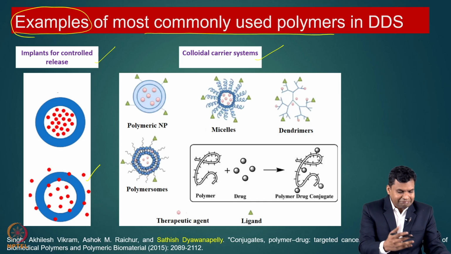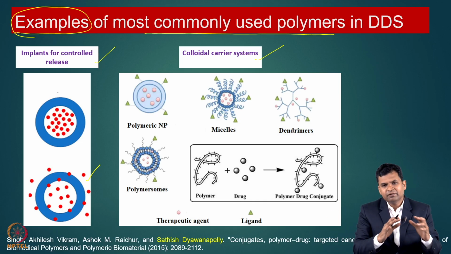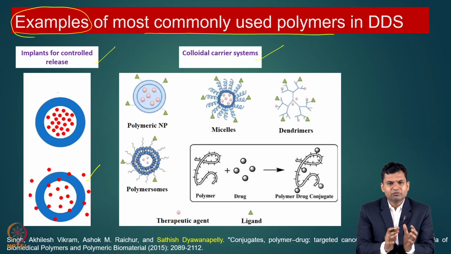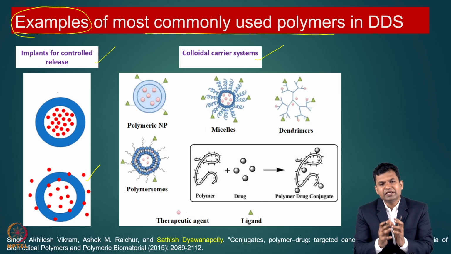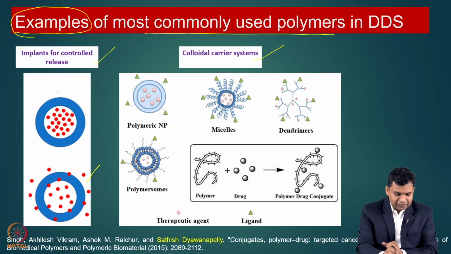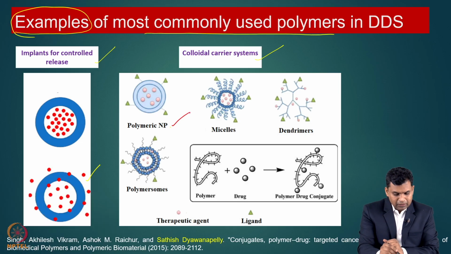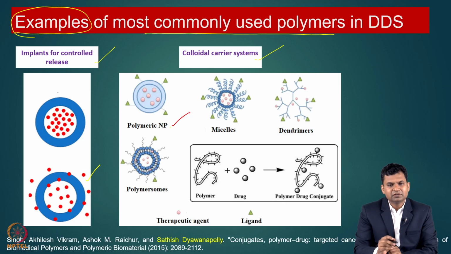So, the drug will slowly come out. By using these polymers, we can also convert drugs into various colloidal carrier systems, for example polymeric nanoparticles, or polymeric nanocarrier systems in the range of 1 to 1000 nanometers.